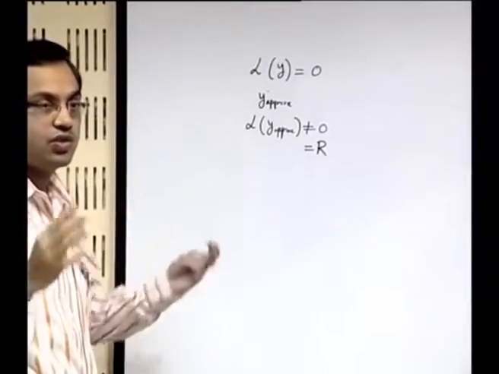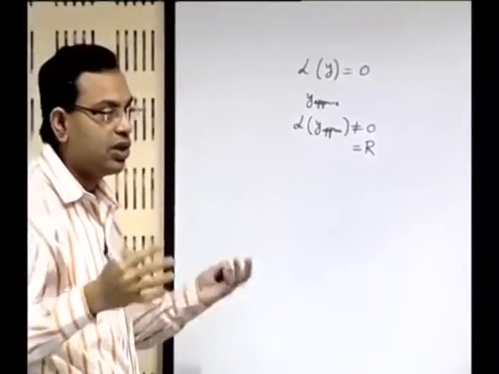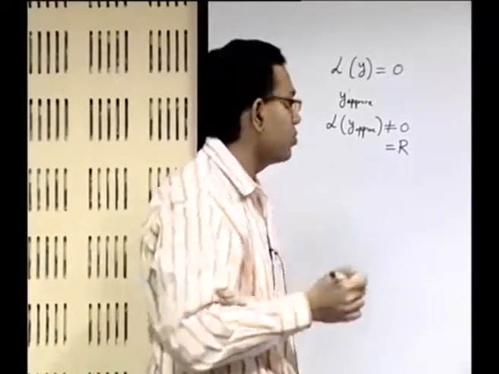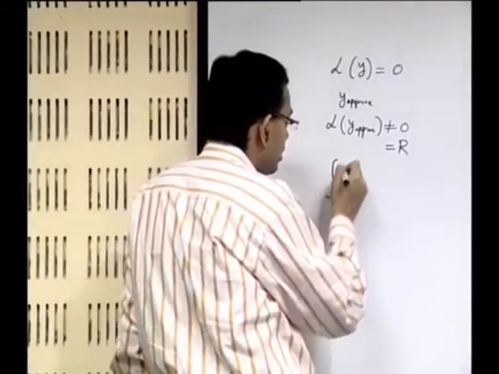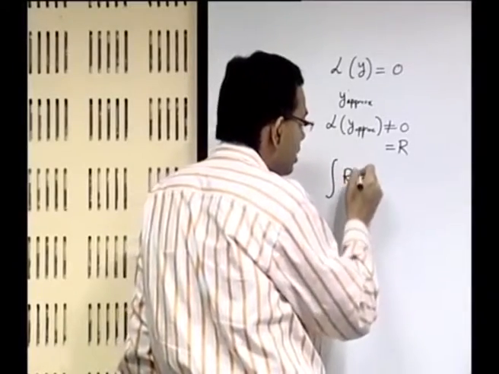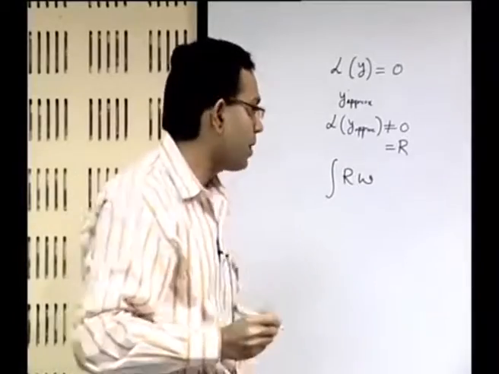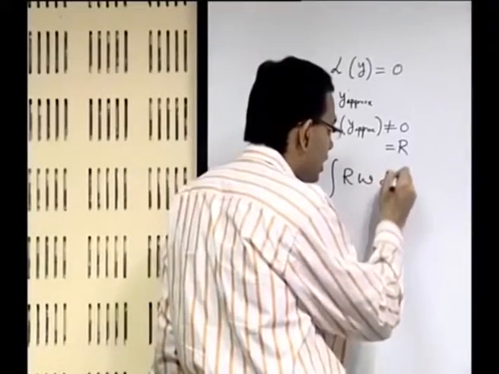Our objective is to have a method which tries to minimize this residual. So, what is done in the weighted residual method is this residual is multiplied by a weighting function and it is integrated over the entire domain.